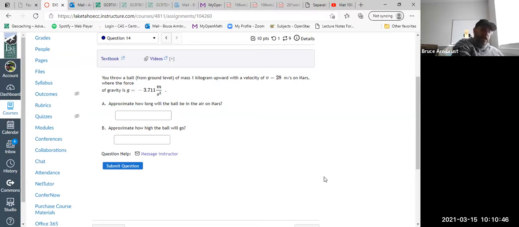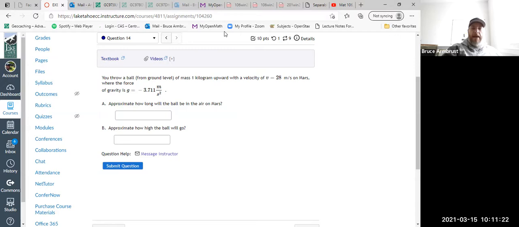Obviously, you see the G, but that 28 gives us v naught. This is our initial velocity. The "from ground level" gives us the x naught. What's the x naught if we're throwing it from ground level? That is 0, Alexi, you're right. The ground is 0.